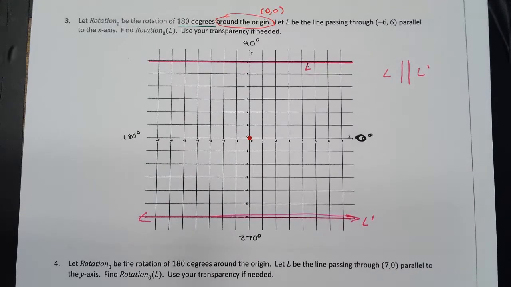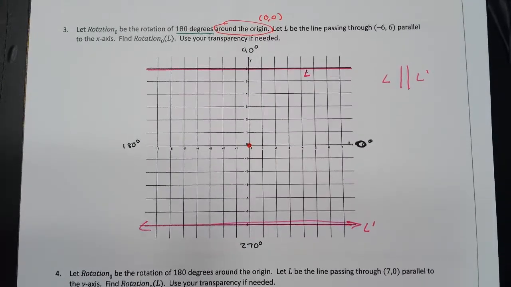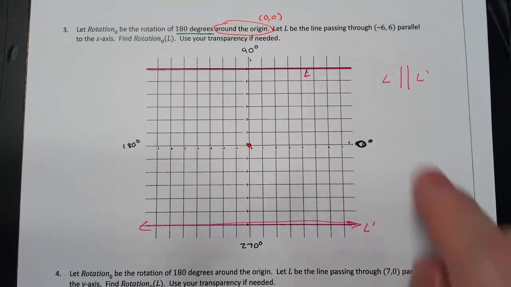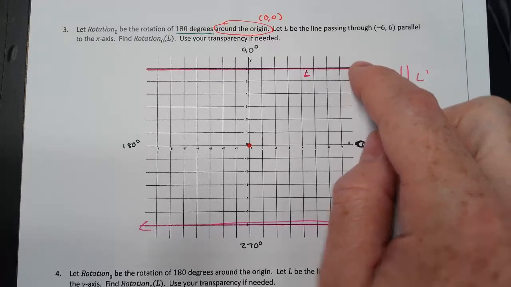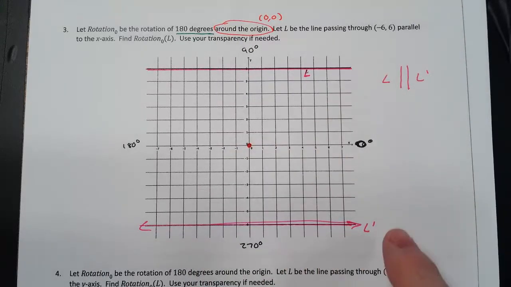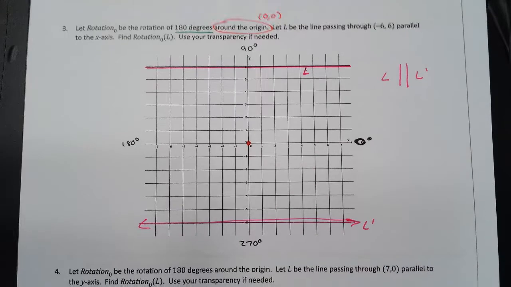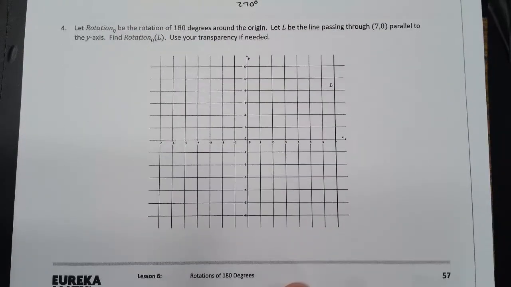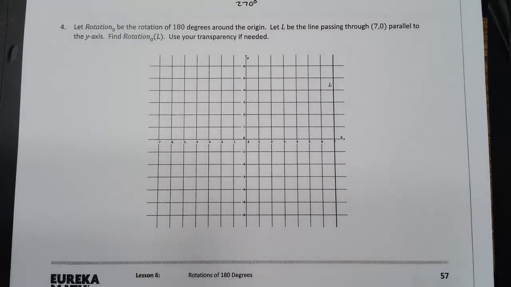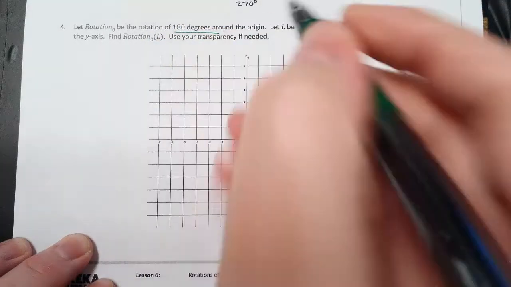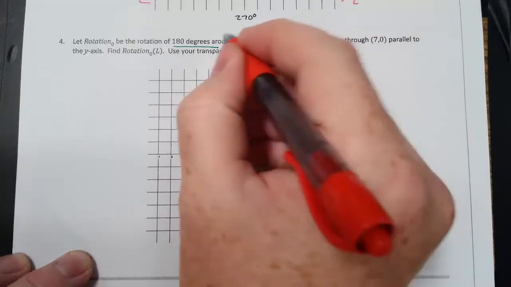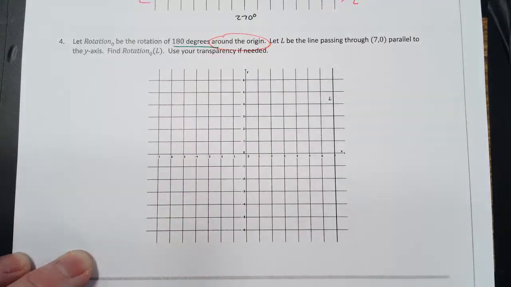So just with number 3, what I notice is that when I rotate a line 180 degrees, I get parallel lines. Let's see if it works with another line. Number 4. It says, again, rotation be the rotation of 180 degrees around the origin.